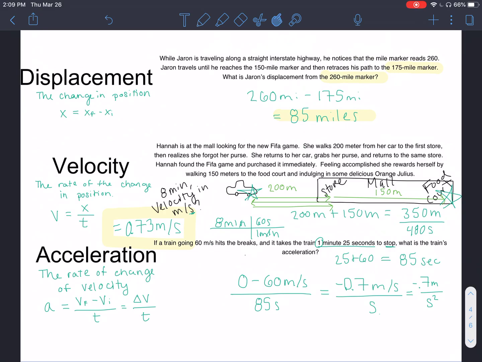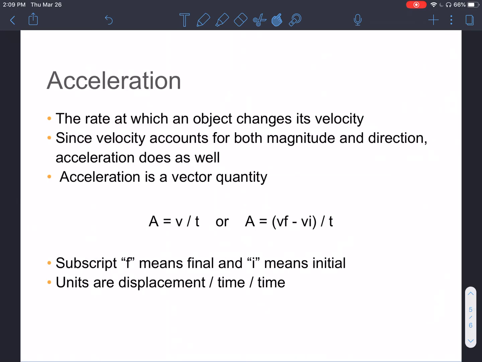All right, let's learn a little bit more about acceleration now. Okay, so here are some other facts about it. It is a vector quantity. Velocity has magnitude and direction, therefore acceleration does as well.